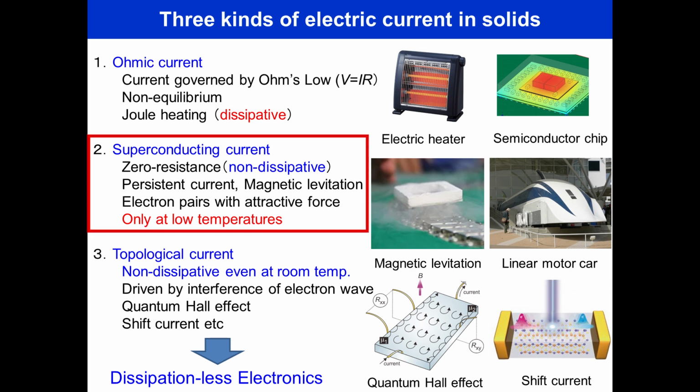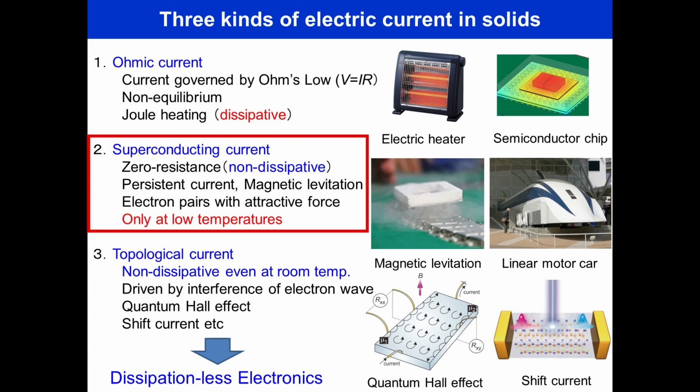Number 2 is called superconductive current, which I'm sure some of you know about from the literature. But a phenomenon was discovered more than 100 years ago, that when a certain material is cooled to a very low temperature, its resistance becomes zero. It's possible even at slightly higher temperatures.